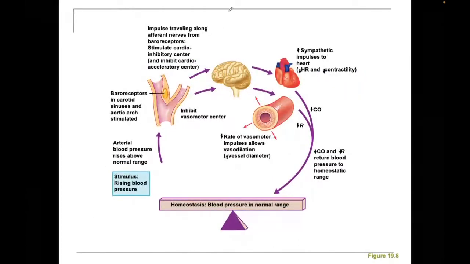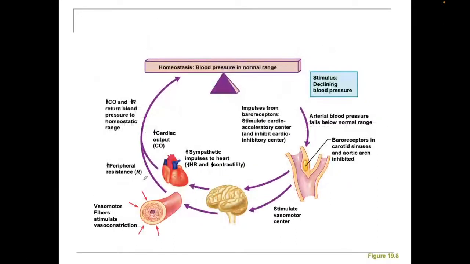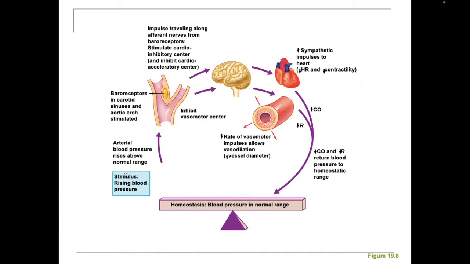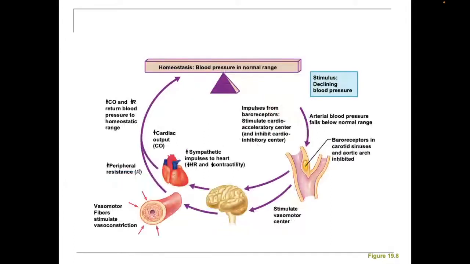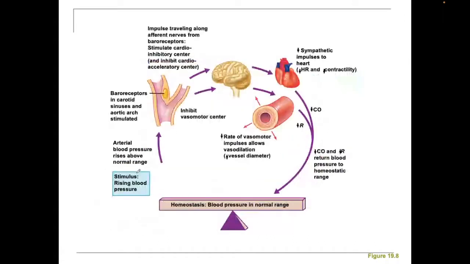Okay. So here's two slides. One is, let's see, this one here. We're going to talk about what happens if there's an increase in blood pressure, and then we'll talk about if there's a decrease in blood pressure.